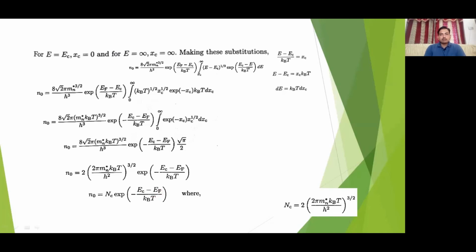NC is proportional to temperature to the power 3 by 2. So there is a clear dependence of the concentration of electrons on the temperature, the Fermi energy, and the energy of the conduction band.